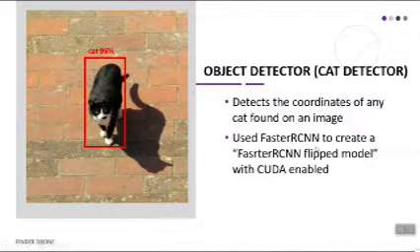For this, I used the Faster RCNN object detector model, and based on it, I created a Faster RCNN flipped model that is more suitable for aerial images than the default one, because Faster RCNN is trained with images from the front, right? So this cat is from the front, so this is detected by Faster RCNN with defaults.